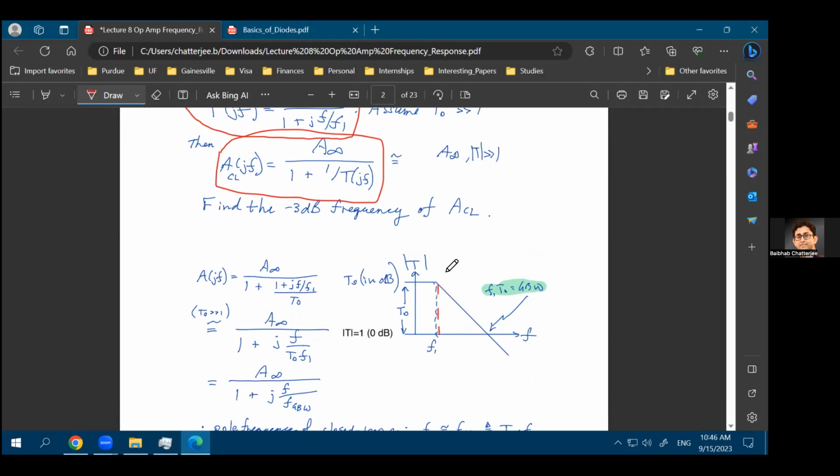It's the open loop pole frequency in T or the open loop pole frequency in A or the original op amp. Once you put that op amp in a closed loop scenario, that is, you have a feedback along with the op amp. So that's the difference between open loop and closed loop.